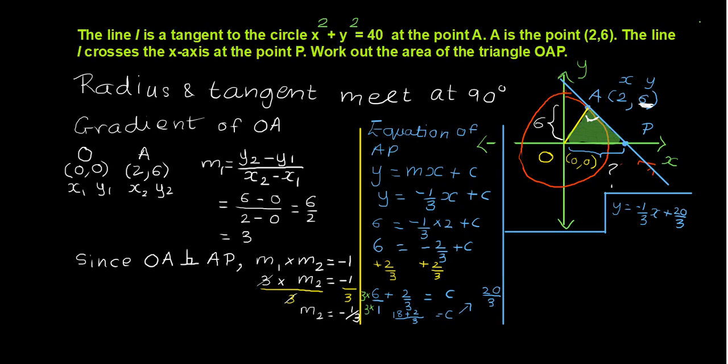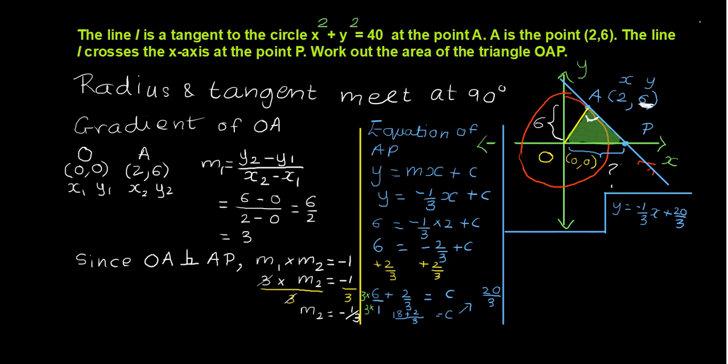Once we've got that, now we need to find the coordinates of point P. We know that the point P, which is here, is touching the x-axis, right? So any point on the x-axis, its y-coordinate will always be 0. The equation of the x-axis is y equals 0. So let's substitute that into our equation.